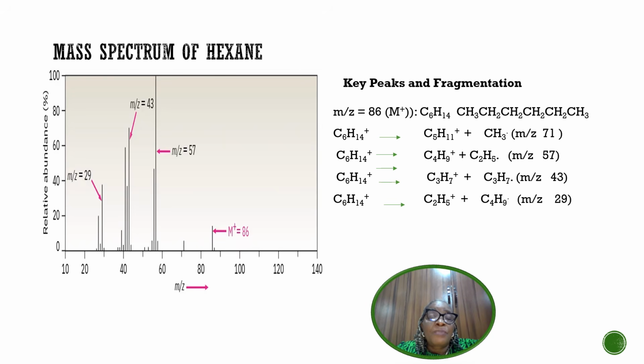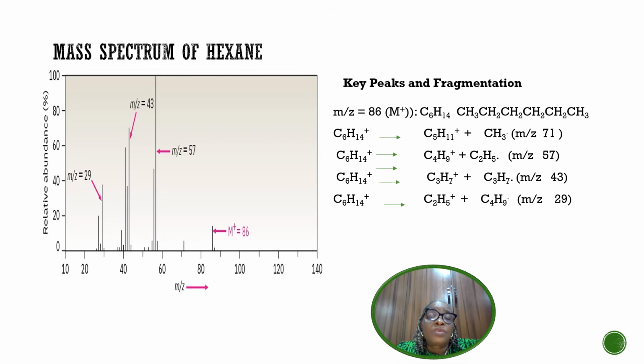We saw another peak at m/z 71, though not very much, that could represent the fragmentation pattern of a pentyl cation formation and the loss of a methyl radical. We'll have a prominent peak at m/z 57.